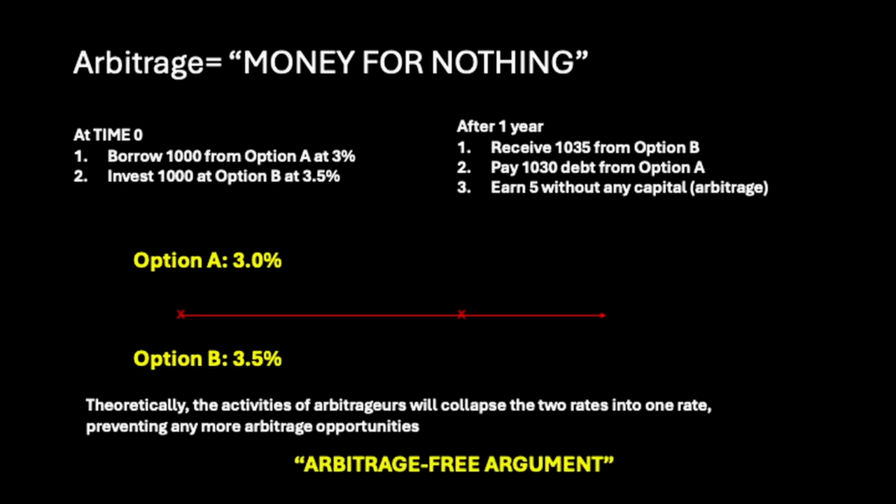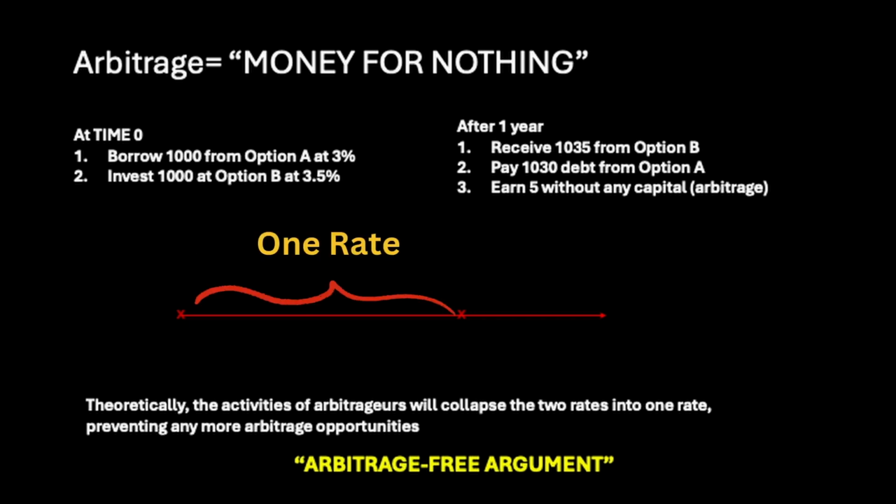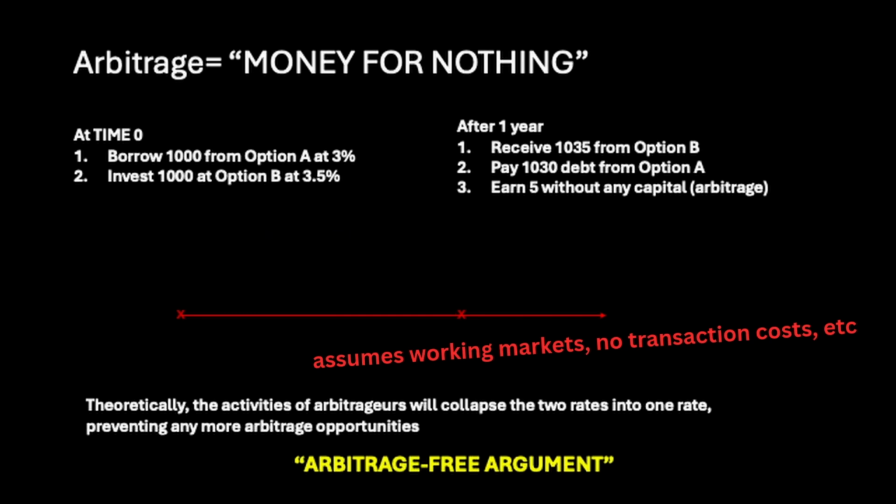Now, if markets are efficient and everybody tries to do this, the two rates should eventually collapse to just one rate, such that there are no more arbitrage opportunities available. So, here we're assuming perfect and rational markets, zero transaction costs, and all rates being available or investable. In this case, the rate that applies to the end-to-end cash flow should prevail.